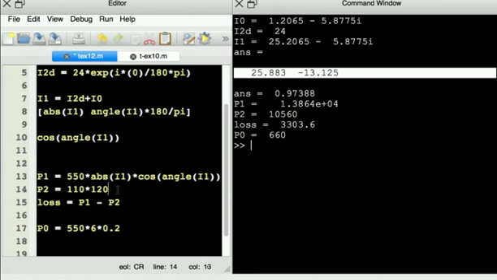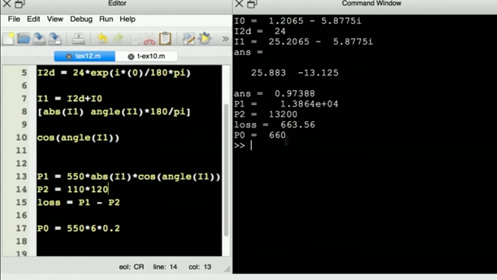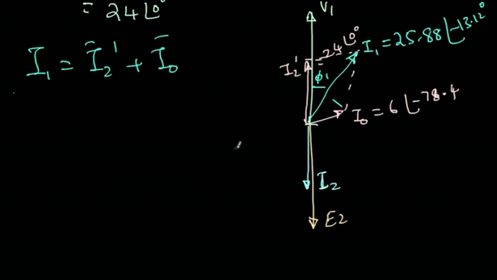The output power is actually 110 into 120, so the power factor is not there. Now if I run it, I'll get the correct solution. So the core loss is still 660 and that is matching, whereas P1, P2 are slightly different now because of the power factor improvement at the load. So I hope we have actually solved everything that is required in the question.